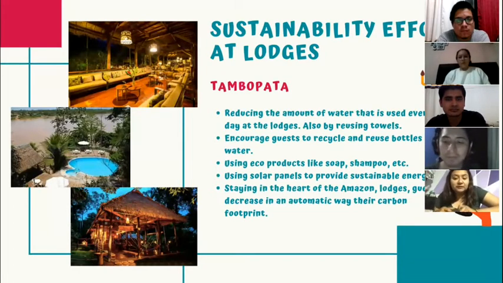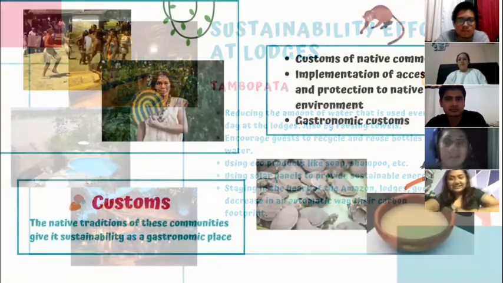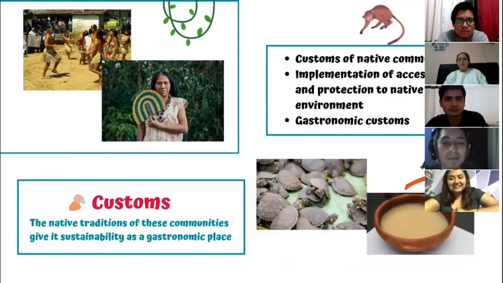They also implement solar panels to use sustainable energy. And because they are staying in the Amazon, in the heart of this place, they also automatically decrease the carbon footprint.